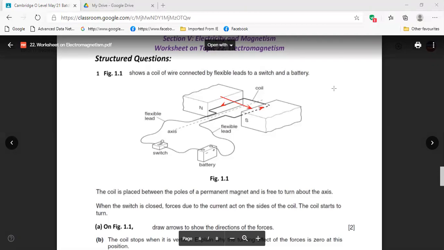So what will be the direction of force? If you think of any part of the coil, this one is upwards, right? So we give here upwards. And this one will be downwards, right?